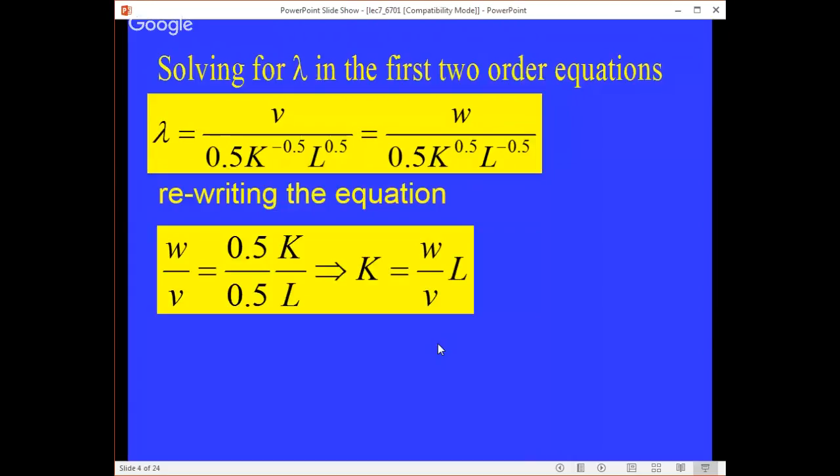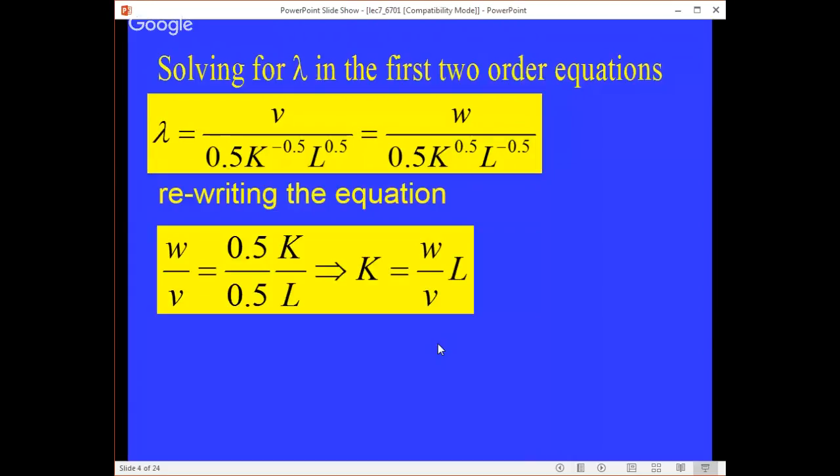So I have W over V is equal to 0.5 over 0.5, K to the negative 0.5, L to the 0.5, over K to the 0.5 times L to the negative 0.5.